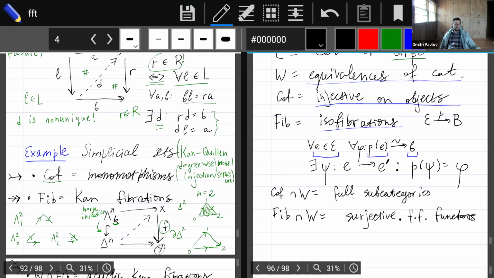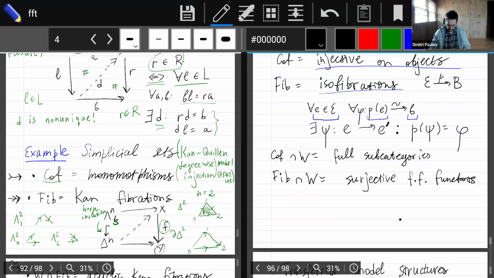In fact, you can also easily see the lifting properties very explicitly. For example, let's do the lifting property of an acyclic cofibration along a fibration. So let's say a functor from A to B is an acyclic cofibration, which basically means it's an inclusion of a full subcategory.